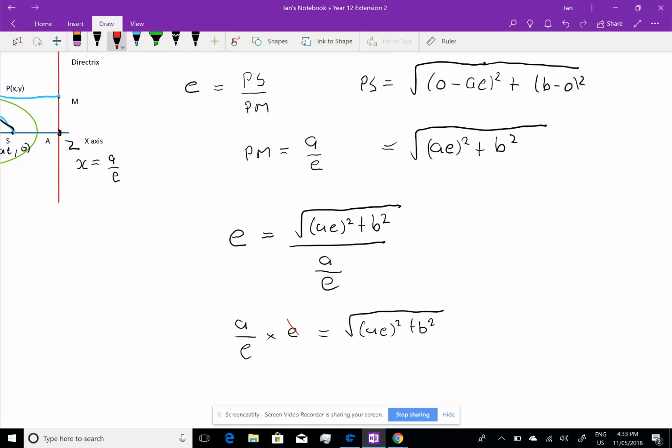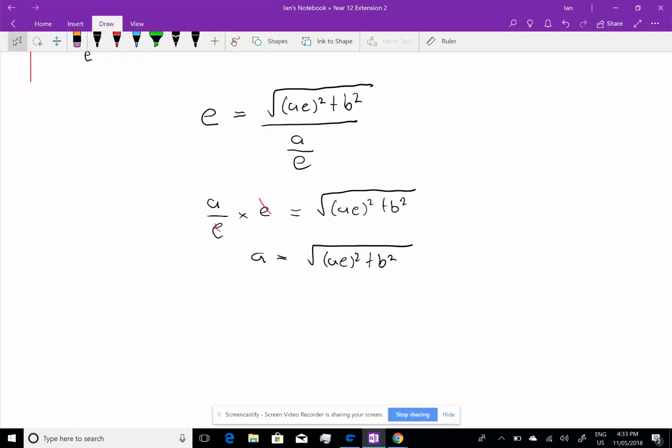The E's will cancel, so I get A equals the square root of AE squared plus B squared. Square both sides. A squared equals AE squared plus B squared. Swap the minus: A squared minus A squared E squared equals B squared.